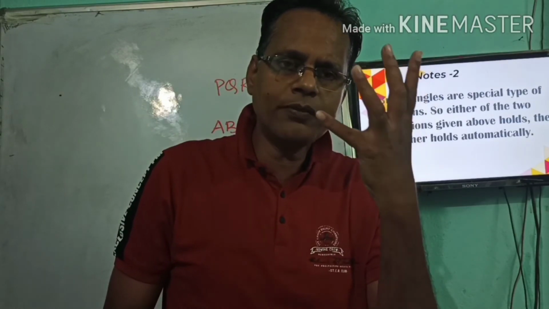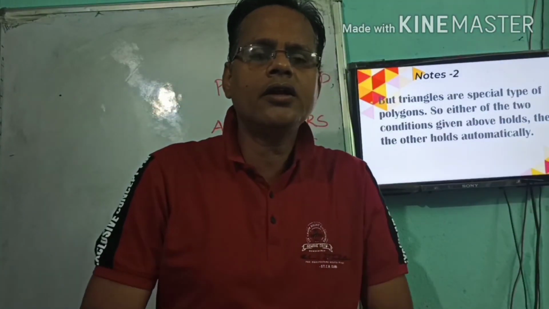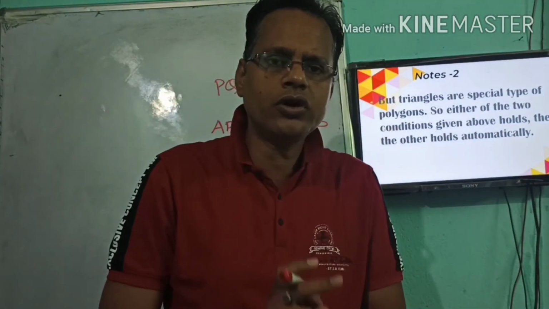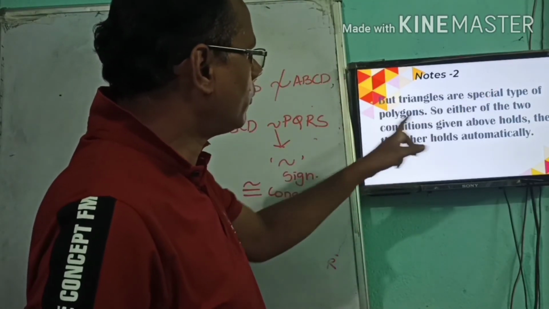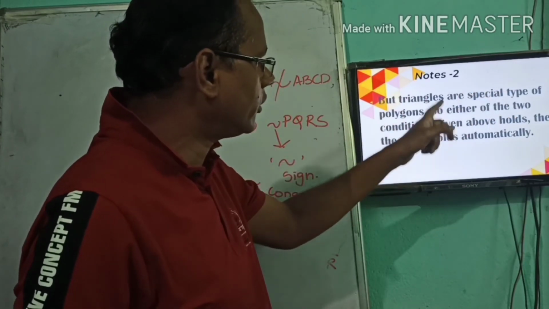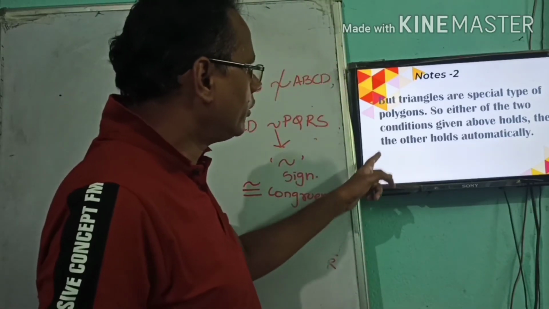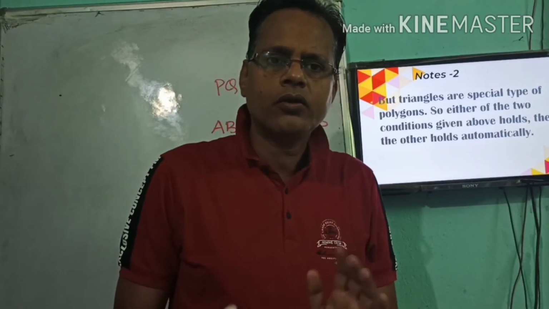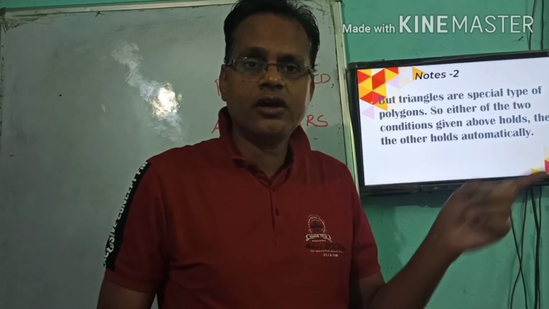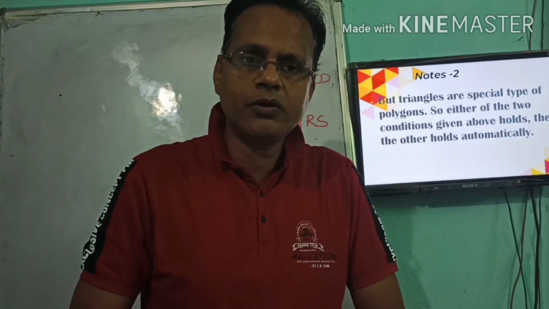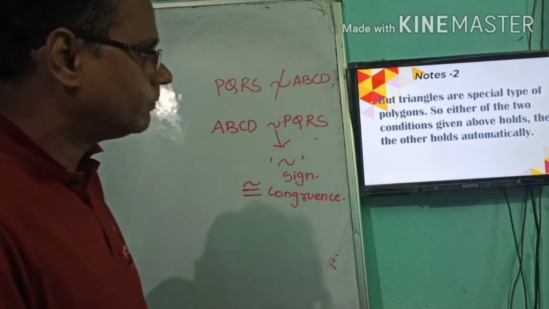If the corresponding sides of the triangles are proportional, then automatically the corresponding angles will also be equal. Keep this in your mind. Since a triangle is a special type of polygon, if either of the two conditions holds, the other holds automatically. Depending upon this concept, you will have theorems for criteria for similar triangles. At that time, this concept will help you solve the problems.